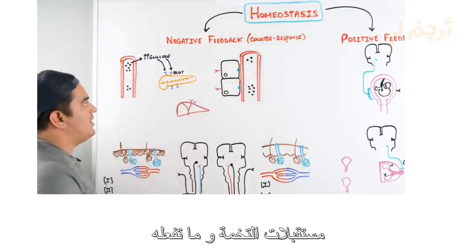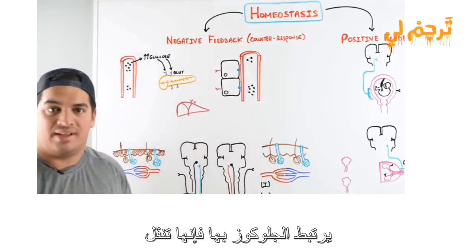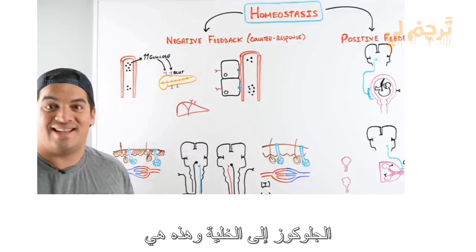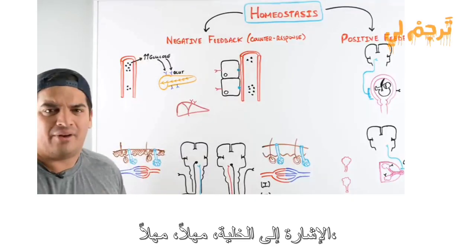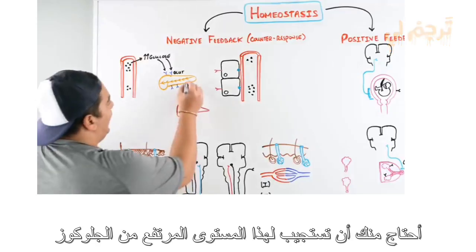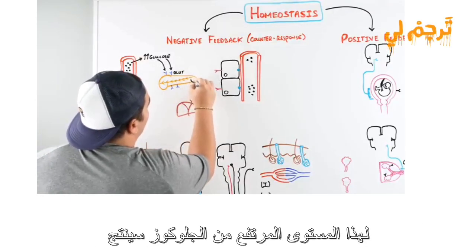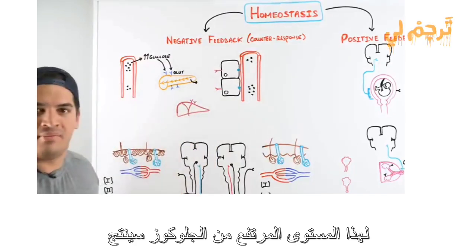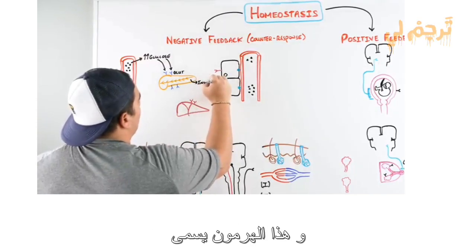When glucose binds to them, they move the glucose into the cell, and that's the signal to the cell: hey, glucose levels are really high, pancreas, I need you to respond to this high glucose level. And so the pancreas, as a response, will make a very special type of hormone called insulin.